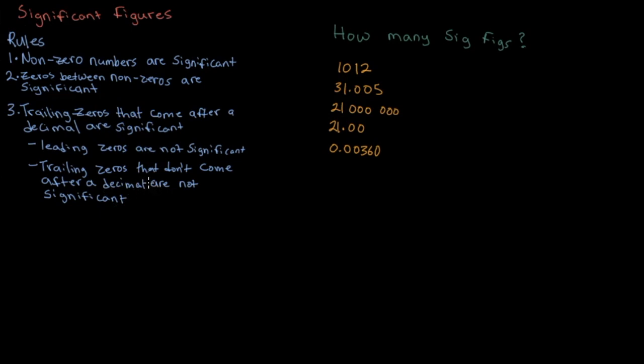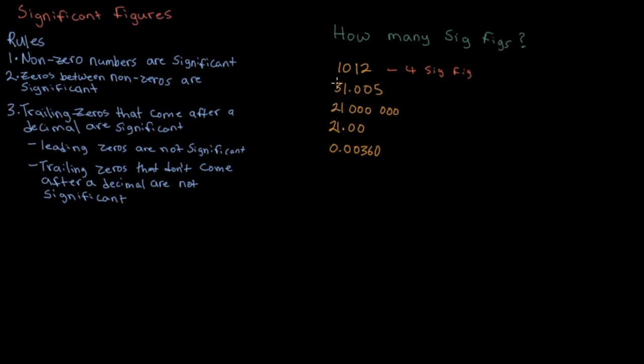All right, so if you look up here, we have 4 numbers right here. How many significant figures are there? Well, we have 1, 2, 3, 4. All 4 of these are significant. So we have 4 sig figs. Now, how about this one?